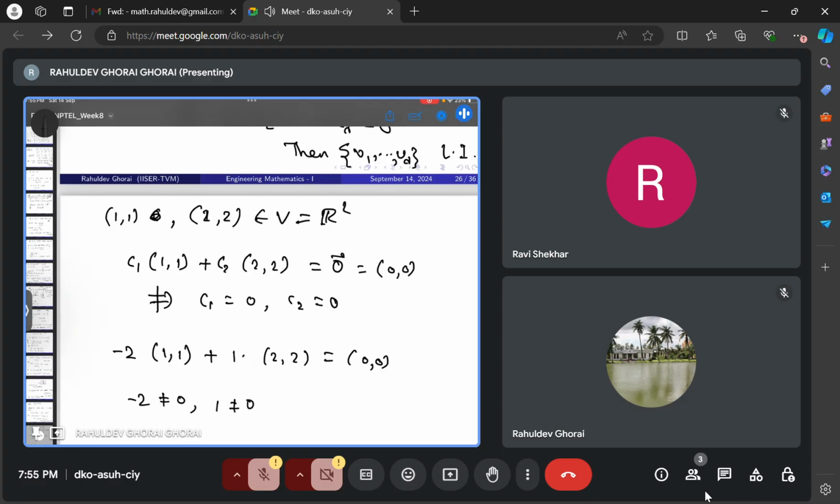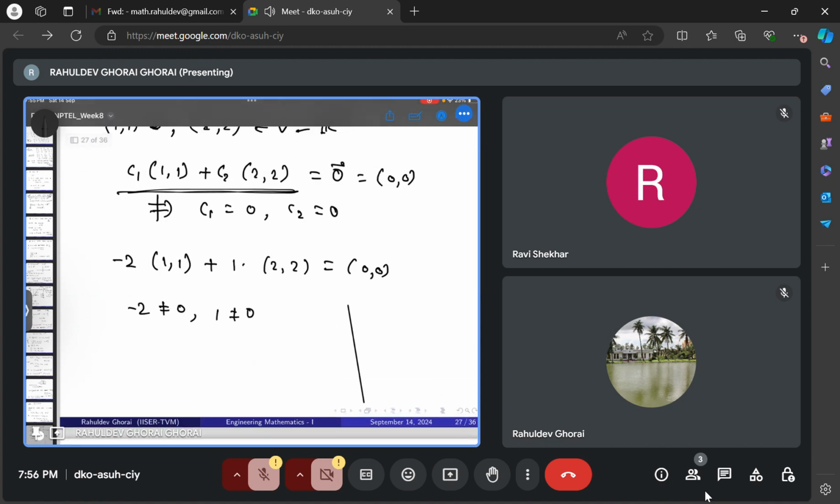This is called a linear combination; you are combining two vectors. If the linear combination of two vectors being 0 implies both coefficients are 0, then only it is linearly independent, otherwise linearly dependent. You can see it from the visual expression also: if you want to get (2,2) from (1,1), you just multiply by 2.